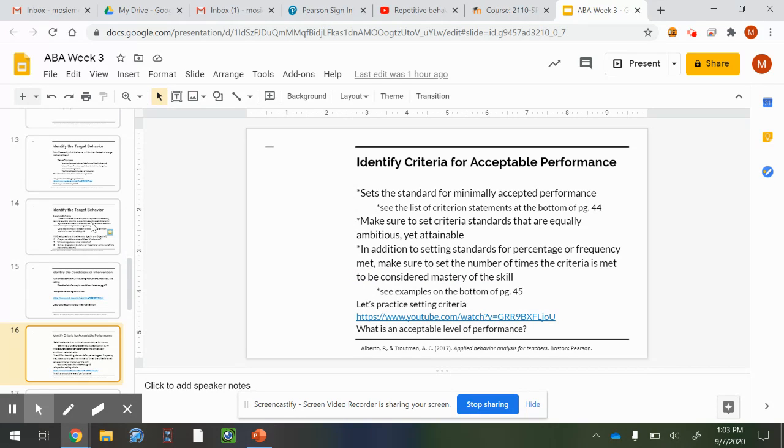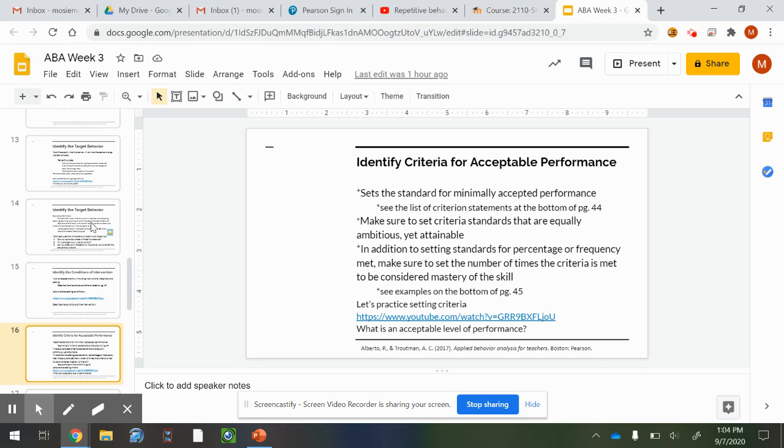Identifying the criteria for acceptable performance. So this is setting the standard for the minimally accepted performance. On page 44 of your text, there is a short list towards the bottom of some different examples of criterion statements. We want to make sure when we set criteria that they are both ambitious yet attainable.